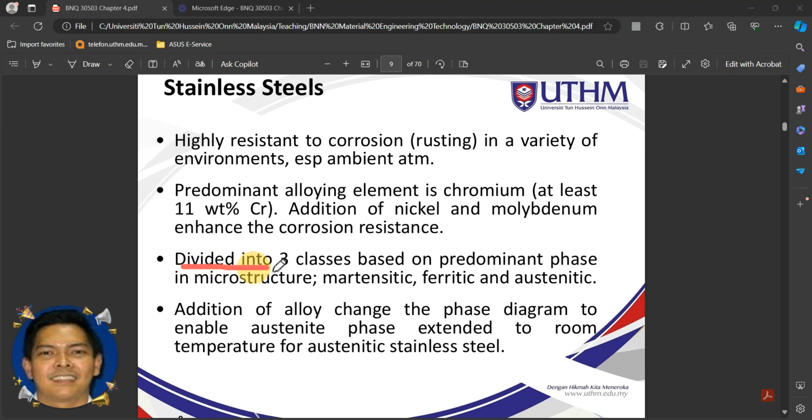Stainless steel can be divided into three classes based on the predominant phase in the microstructure: martensitic, ferritic, and also austenitic. Addition of alloy changes the phase diagram to enable the austenite phase to extend to room temperature for austenitic stainless steel.